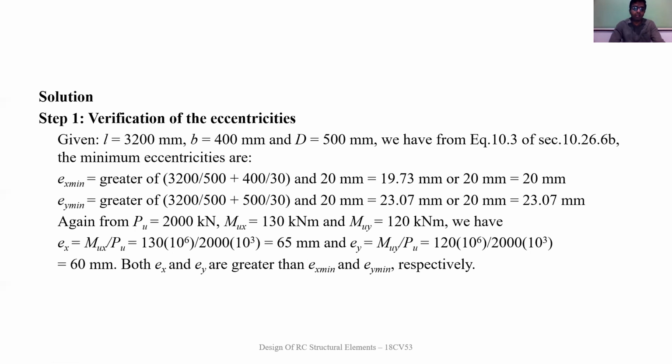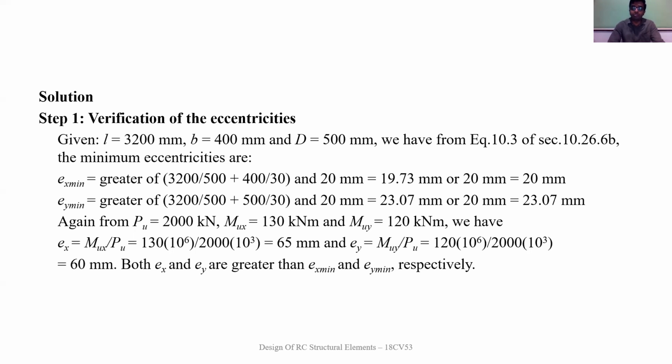Again, from the given ultimate axial force of 2000 kilonewton, moment along the major principal axis of 130 kilonewton meter and moment along the minor principal axis of 120 kilonewton meter, we have the eccentricity along X and along Y as 65 mm and 60 mm, which are greater than the minimum eccentricity along X and along Y respectively.